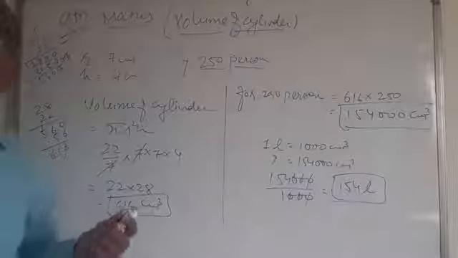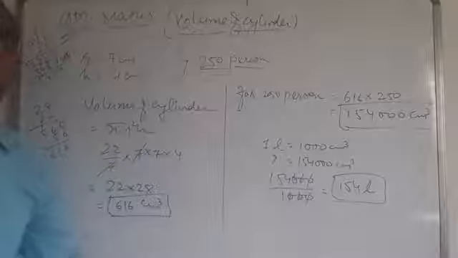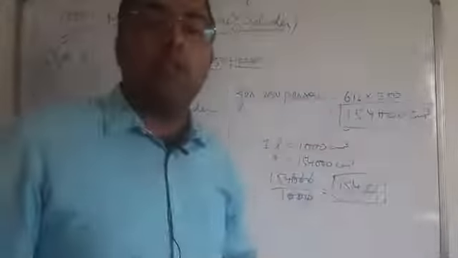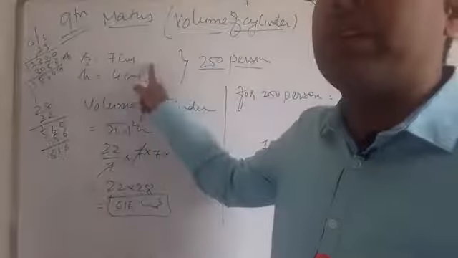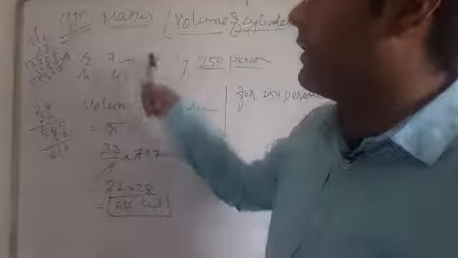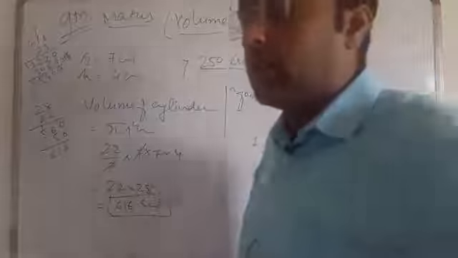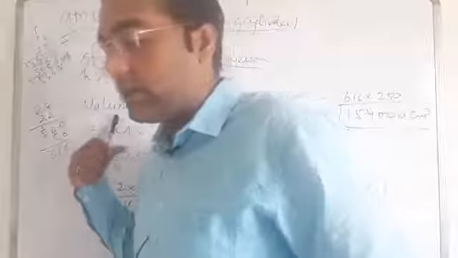I changed this question. I'm taking radius as 7 centimeter because in the textbook the same question is given with diameter 7 centimeter. Now I am taking radius as 7 centimeter, so there are some changes between that question and this question.